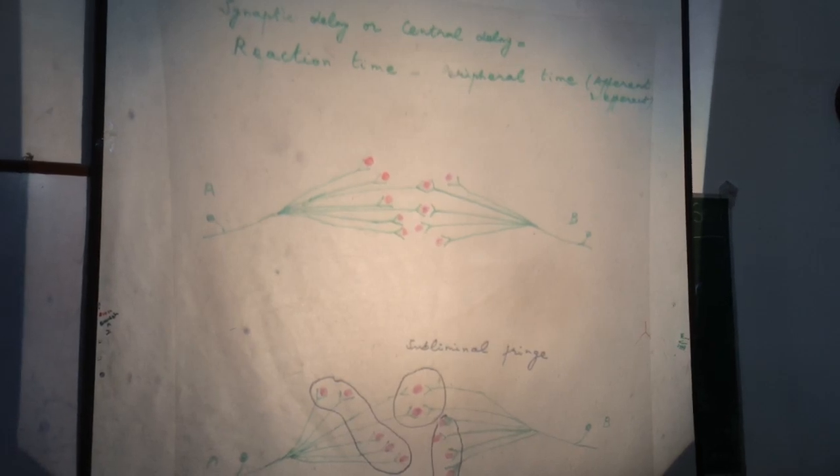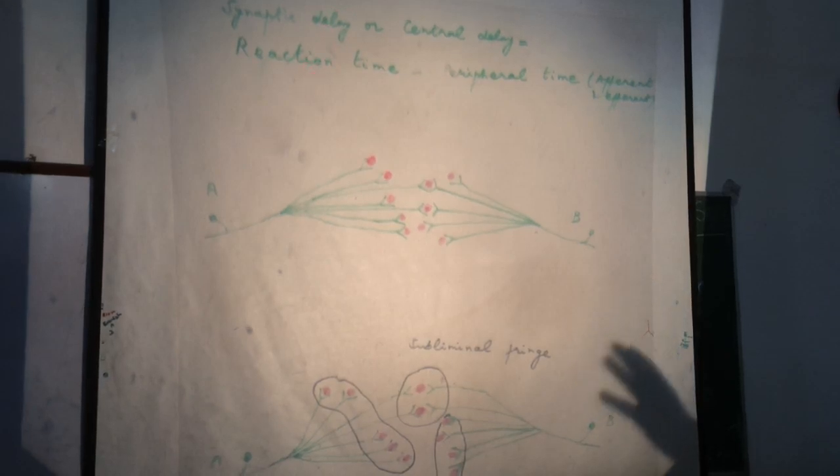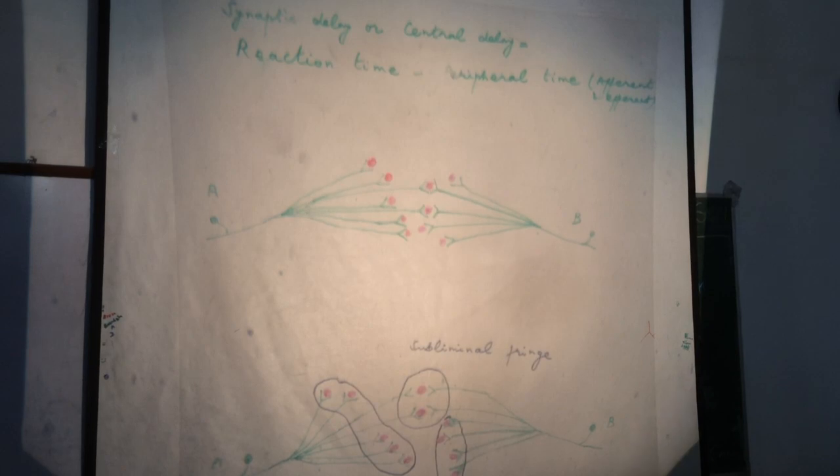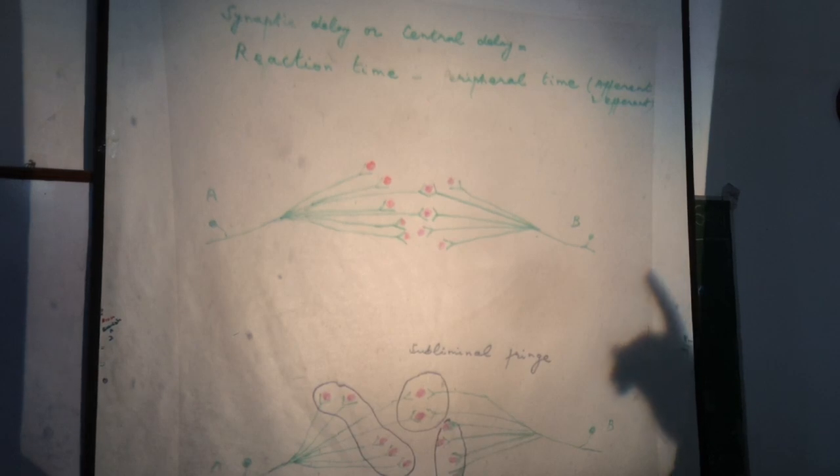So you find out the central delay or synaptic delay, and then you can say whether this reflex is monosynaptic, disynaptic, or multisynaptic. Keep in mind, at one synapse there is a synaptic delay of 0.5 millisecond. Suppose central delay is 1 millisecond.